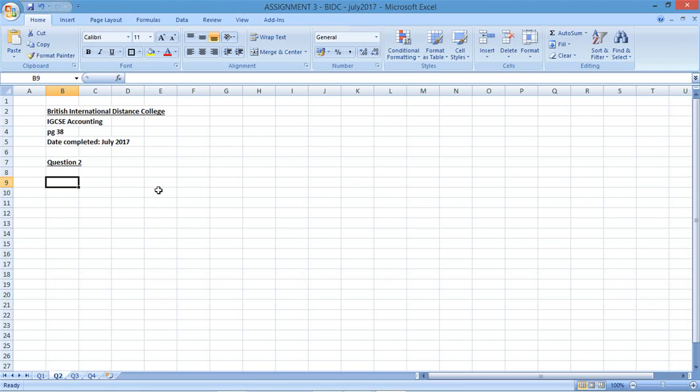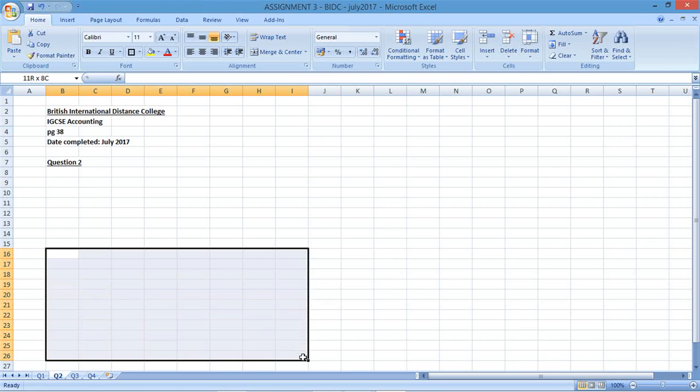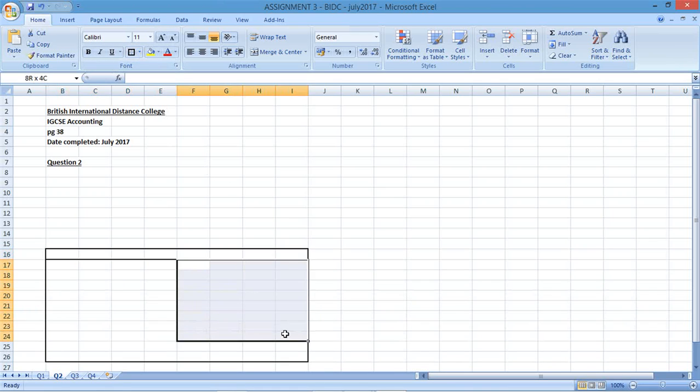So to start off, let's create those T accounts, and then we're going to have to draw a diagram for the year. The first T account they want is for machinery. So let's draw that one up.